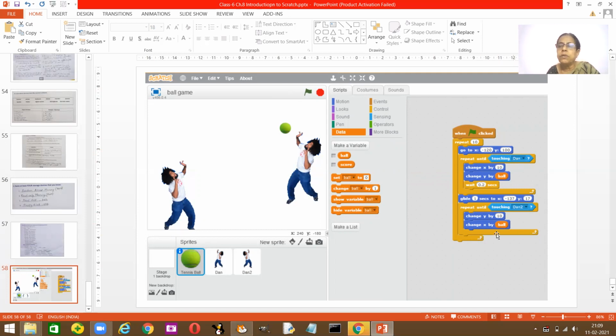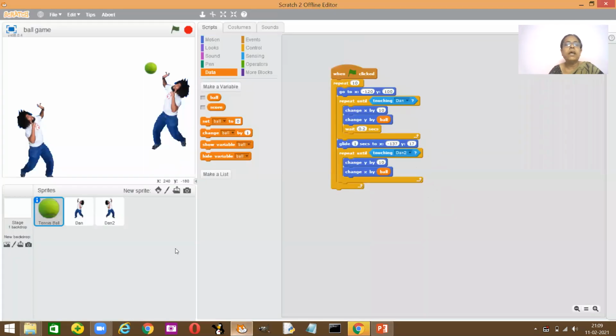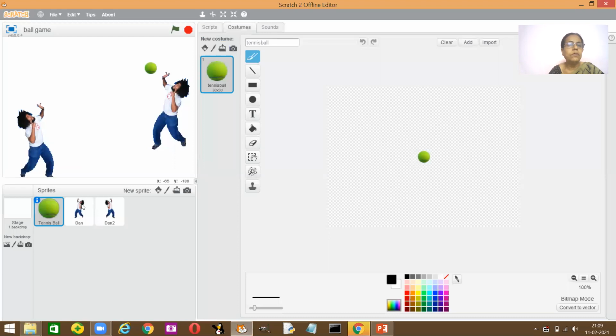So we'll just look at how it's done. I've created this game, and this is the game you can see. I've created two costumes, Dan and Dan 2. So let's go back to the ball. I need to use the script.